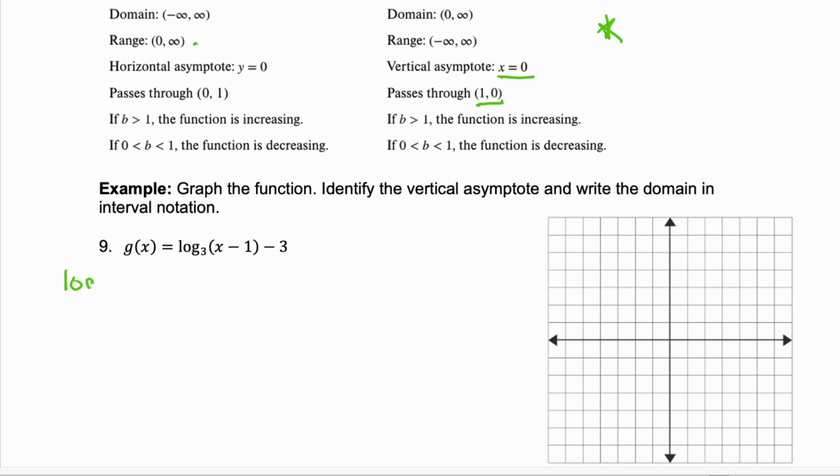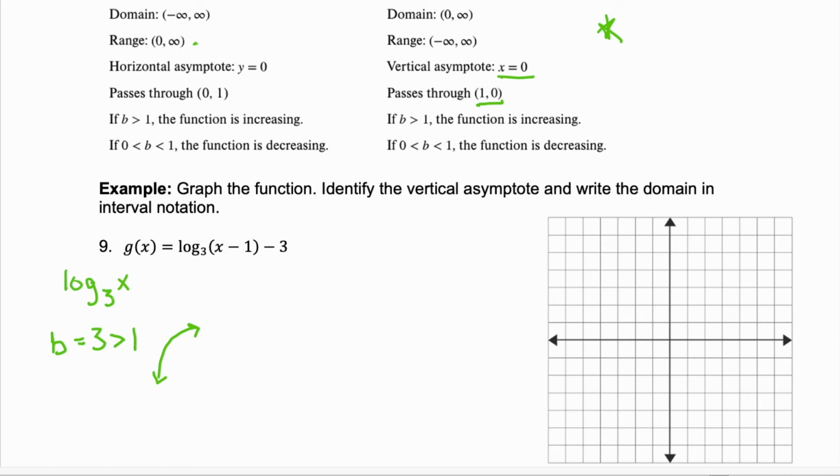And here, that would be log base 3 of x. We also want to acknowledge what that base is. Base is equal to 3, which is greater than 1. Since it's greater than 1, we have a function that's increasing. So visually, we know our graph needs to look like this.